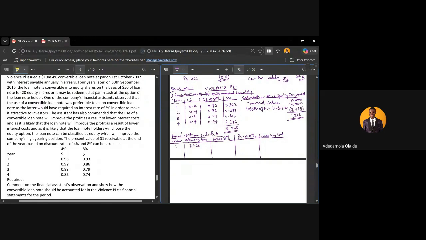No decimal, please. $698. The payment would have been what? 400,000?